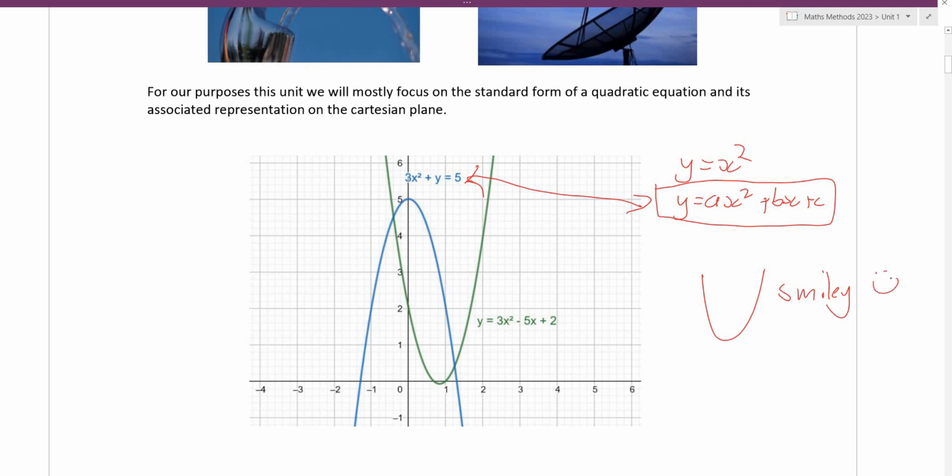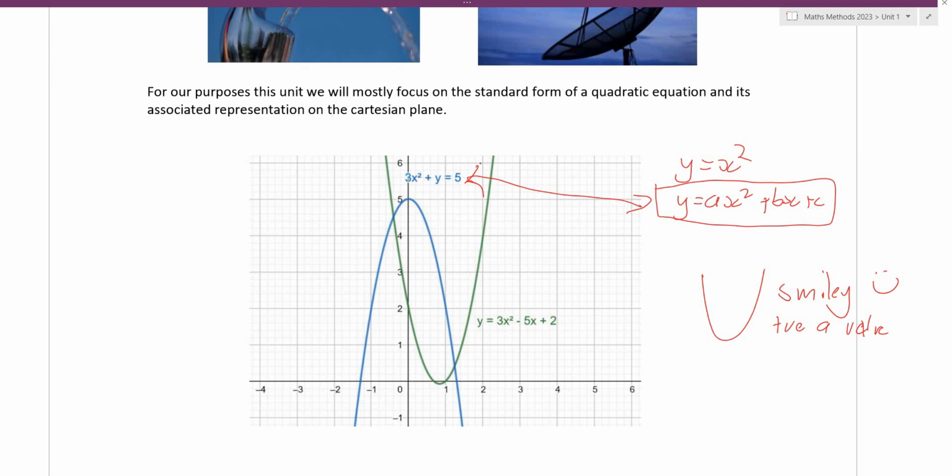The way you know it's going to be a smiley is it has a positive a value. If you look at the number in front of the x squared, the a, if it's positive, it'll go up. Now, Rylan made a good point. In the blue line there, everything is positive. So if I'm saying that it has a positive a value, it will be a smiley.